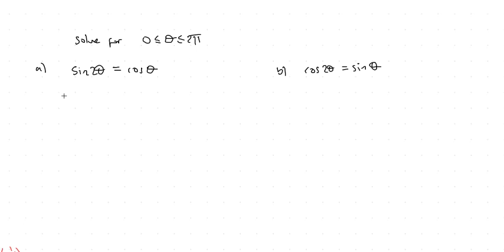Right, looks a bit scary. So hopefully by now you should have realised, I'm just going to say this to make it doubly clear, that if there's a 2 theta anywhere, that 2 theta is locked inside the sine. You can't think of it as a doubling.